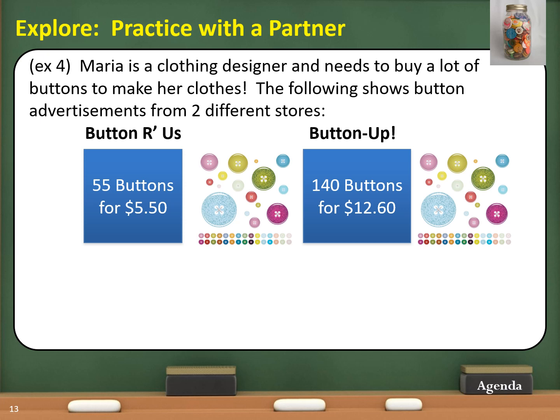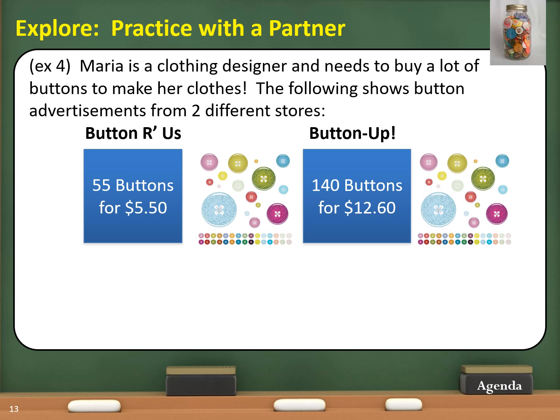The first one is 55 buttons for $5.50. How to find out one button's price? That is 5.50 divided by 55 buttons. So I can find out one button's price. The other one is 12.60 divided by 140, then you'll get one button's price.